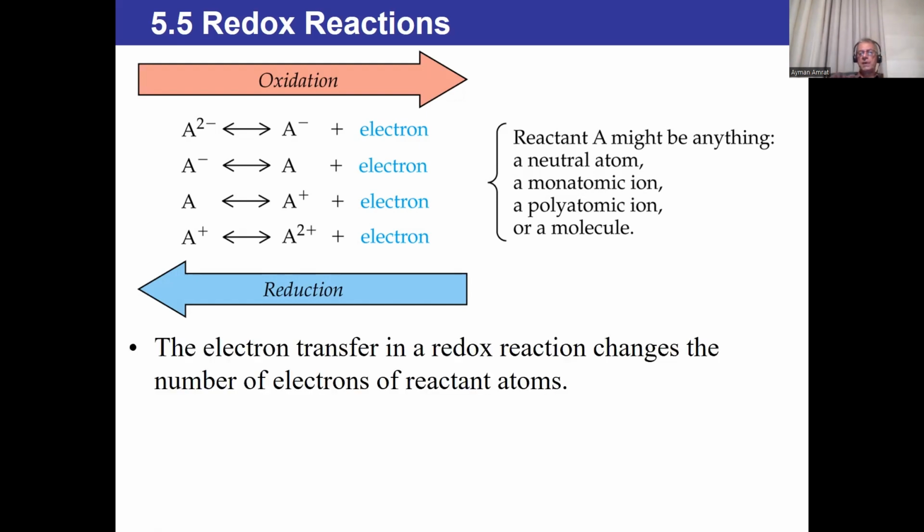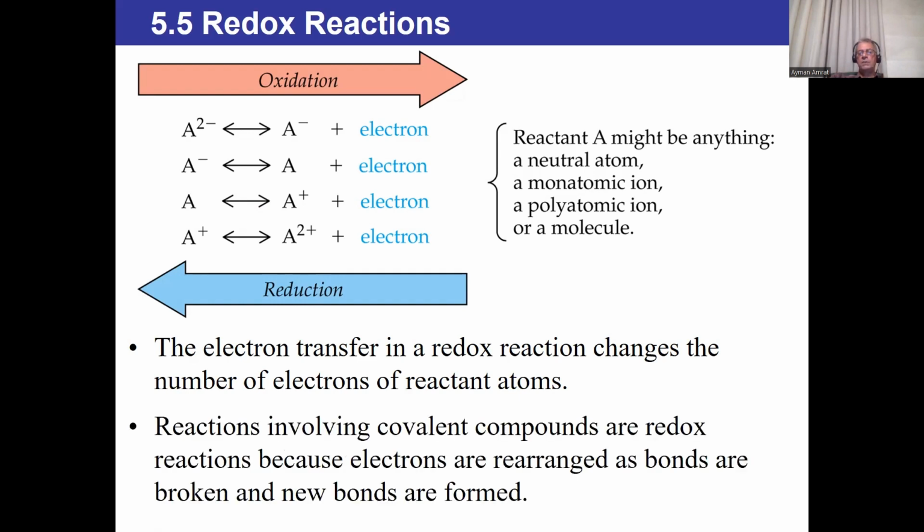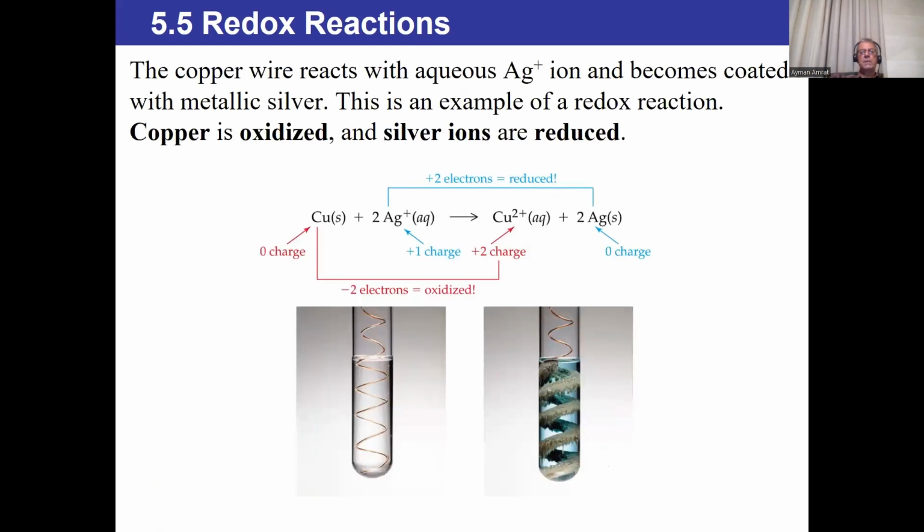The electron transfer in a redox reaction changes the number of electrons of reactant atoms, while in covalent compounds, bonds are rearranged and broken, so new bonds are formed by gaining or losing electrons. For example, copper reacts with silver: copper metal, Cu, reacts with silver ion, Ag plus.